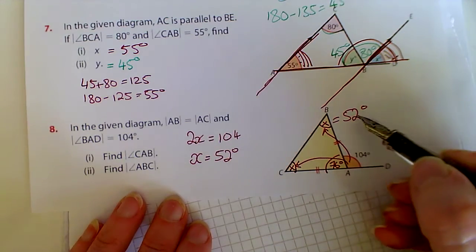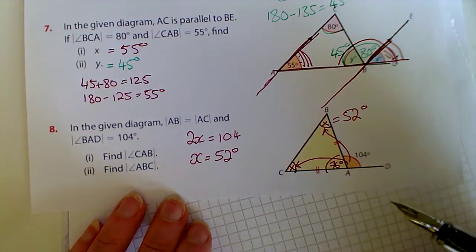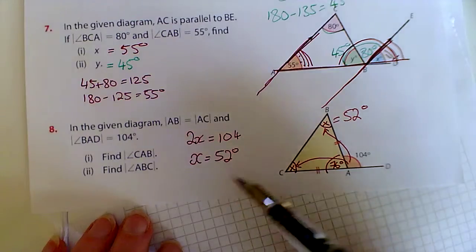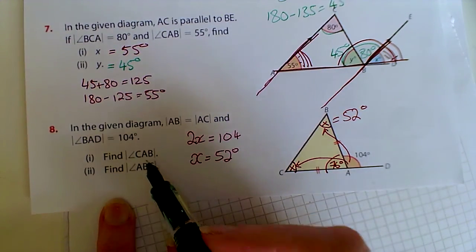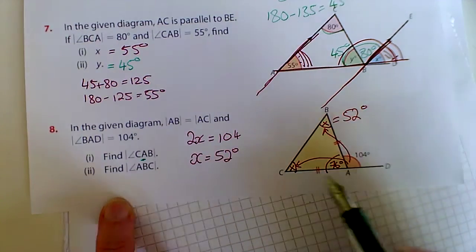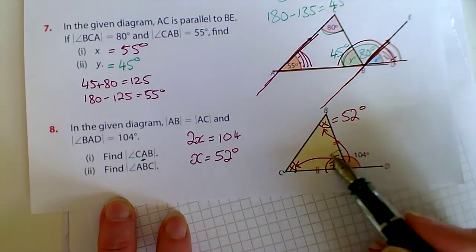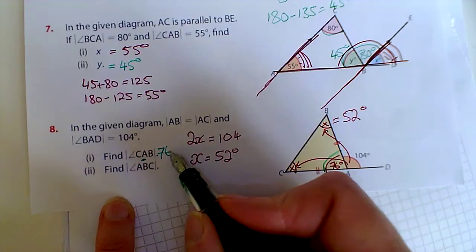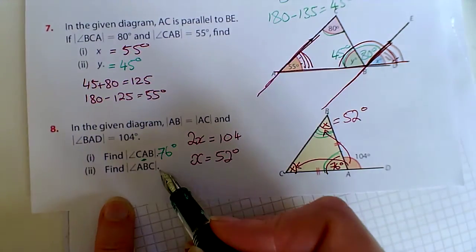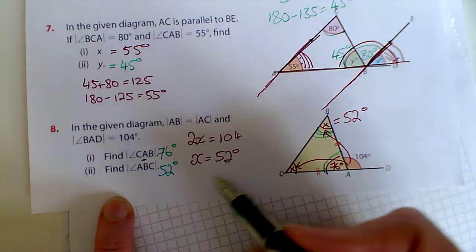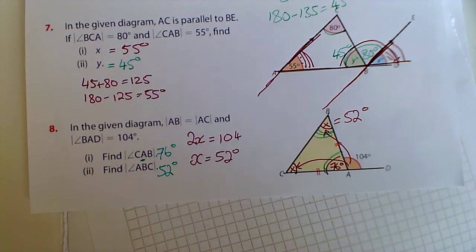And you can check 52 and 76 will be 104. Let's write down the answers as they asked them for it. CAB, that's the angle at A, but which angle at A? CAB, this one, 76 degrees, and ABC, this angle up here, 52 degrees. And that's enough for our working out and showing our work.